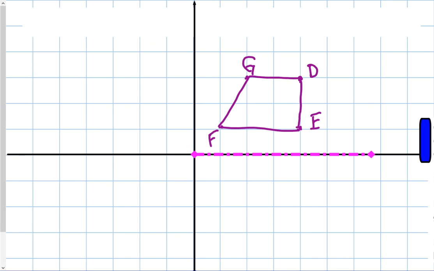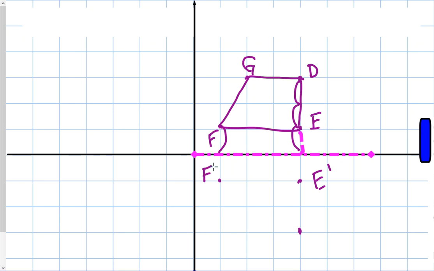You'll notice that point E is 1 unit away. Our new point E will also be 1 unit away from the mirror line. E prime. D is 1, 2, 3 units away. Point F is also 1 unit away.